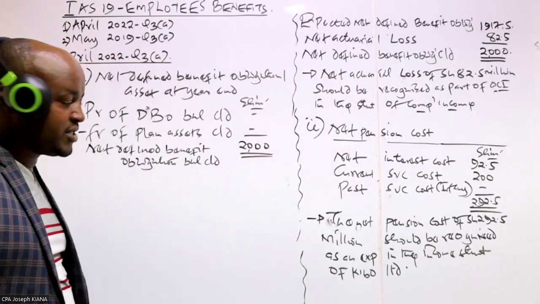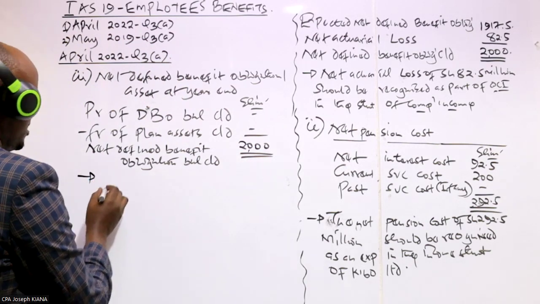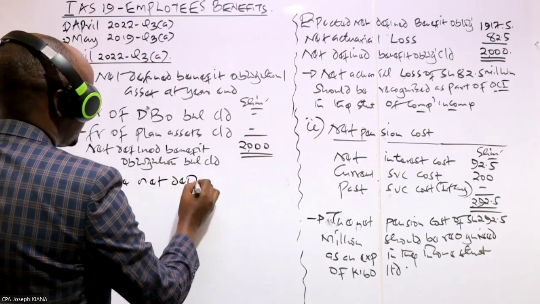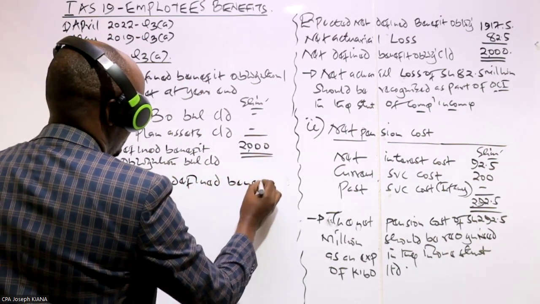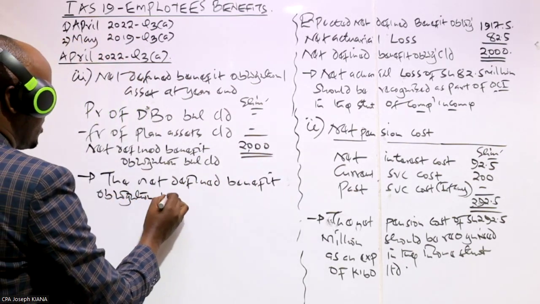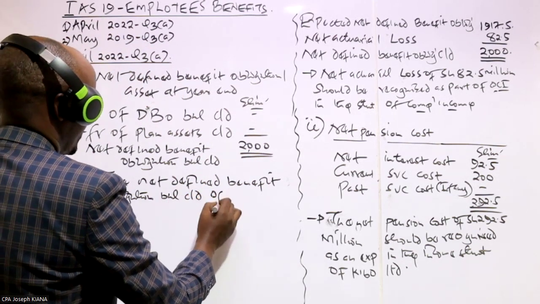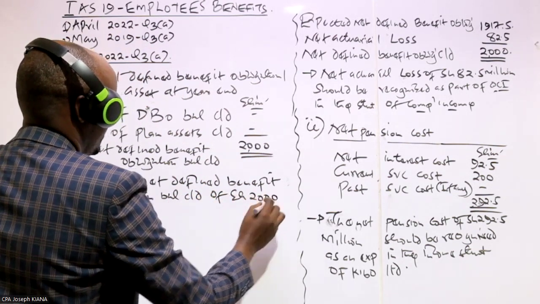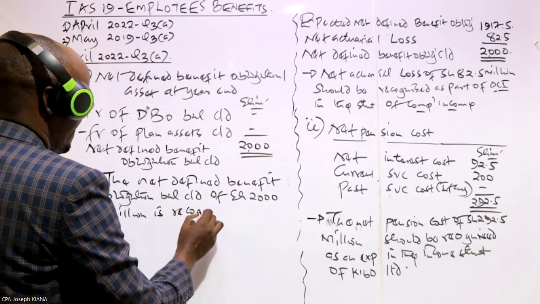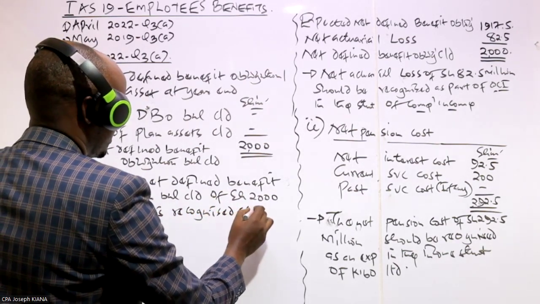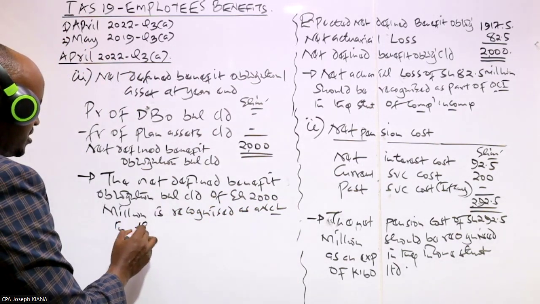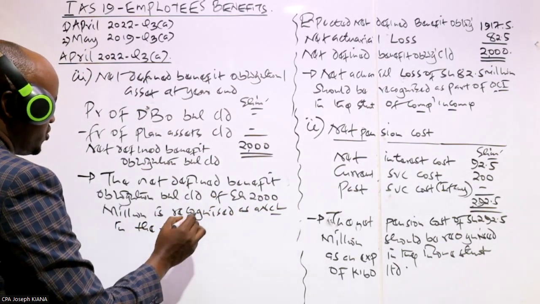So this one is recognized as a non-current liability in the statement of financial position. So we can say the net defined benefit obligation balance carried down of shillings 2,000 million is recognized as a non-current liability in the statement of financial position.